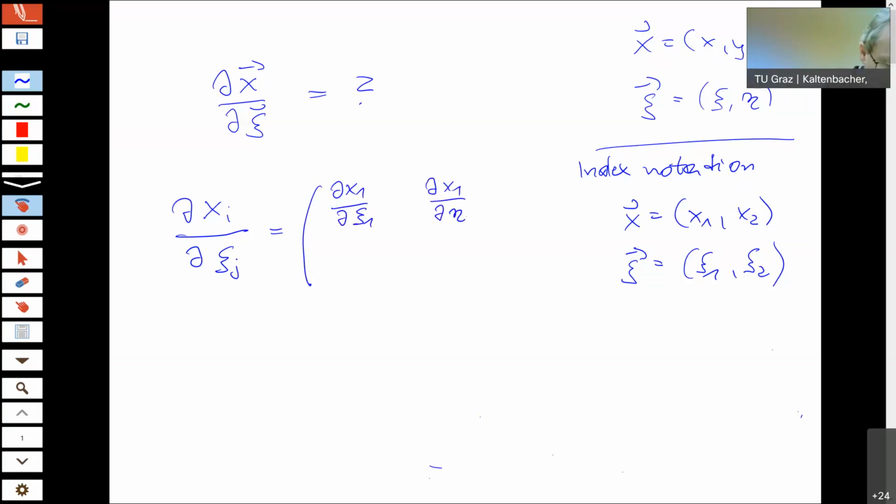Sorry, clearly d eta, but we have index d psi 2. Yeah. And then you get the second row. You fix i equal to 2, i is going from 1 to 2 in 2D. So we have dx2 with respect to d psi 1. j is going from 1 to 2. And then d psi 2.